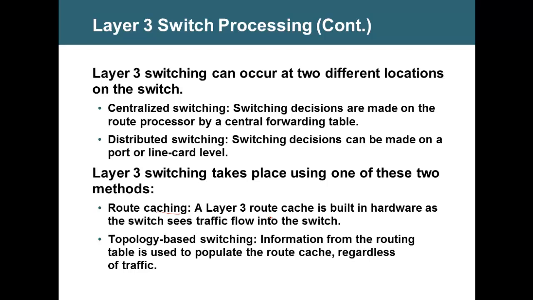So you have a layer 3 route cache, which means you have a chip where all your recent routing information is saved in built-in hardware, which will see the traffic flow already stored in the cache memory, and based on the information in the cache memory, it will forward the traffic.